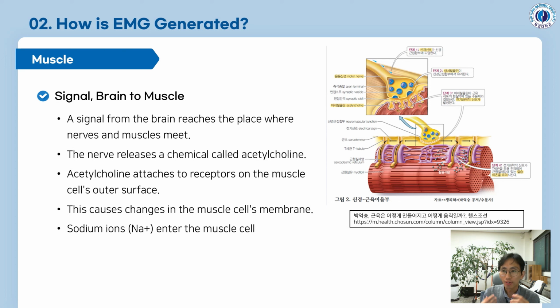At first, our brain sends a signal, an electrochemical signal, and it comes from our brain and touches our muscle.